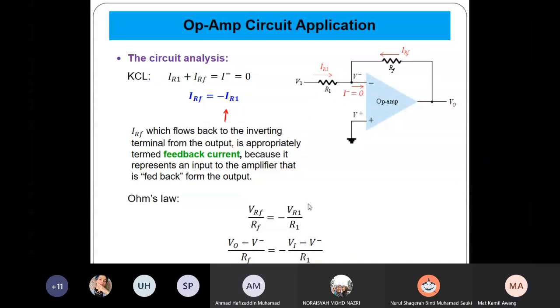So you have this. Okay. What is VRF? What is the voltage across here? This is actually equal to V out minus V minus, divided by RF. And what is the VR1? VR1 is basically V1 minus V minus divided by R1. So you get these equations.